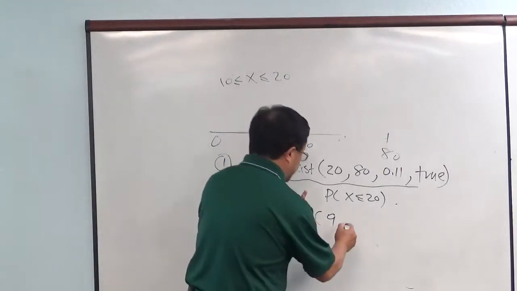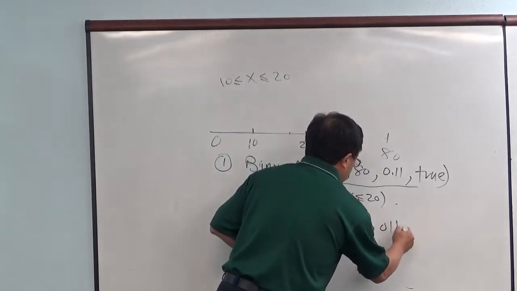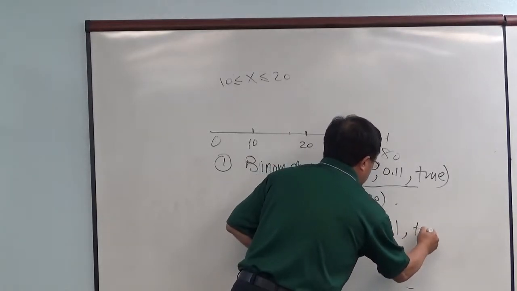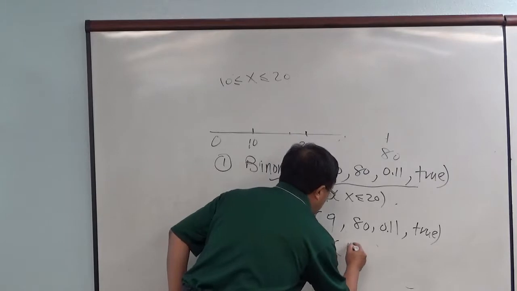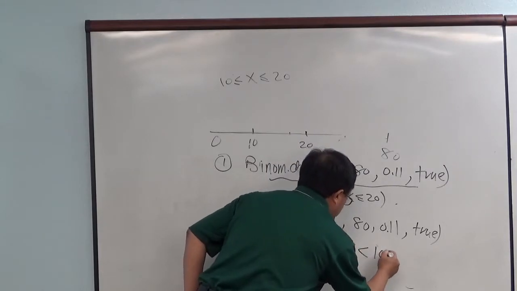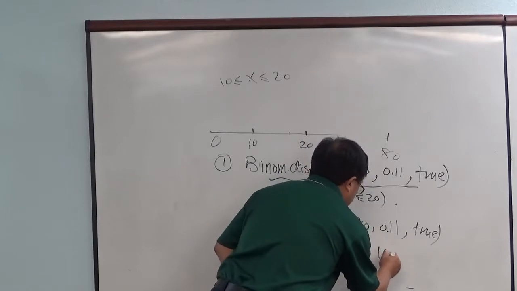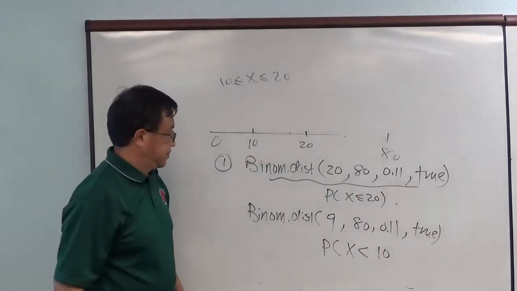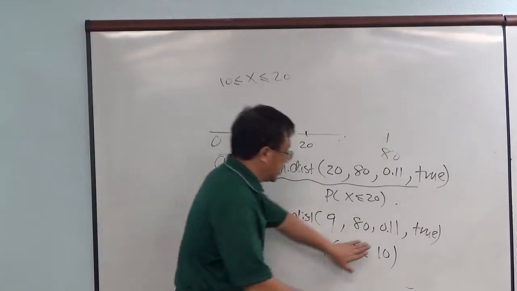So I use 9, 80, 0.11, true. Then this gives the probability x is less than 10, or less than or equal to 9.